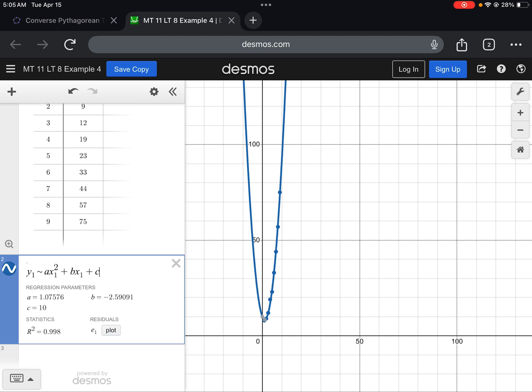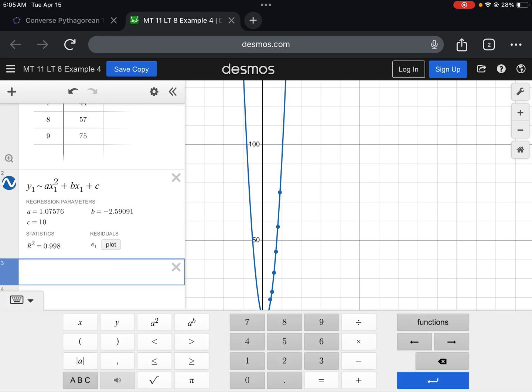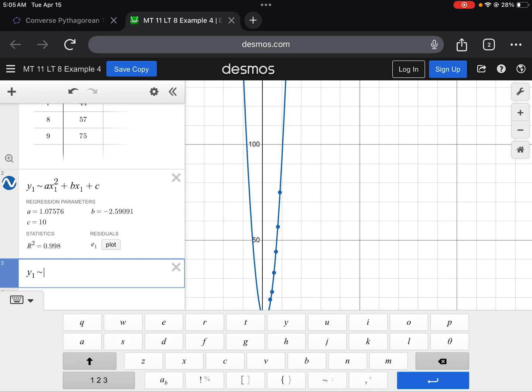Let's guess and check. Let's also check to see if it's exponential, because it kind of could be exponential. So once again, I'll use my formula for exponential. So y1 tilde, I'll go a times b to the x power. So let me see here. Here's my b.